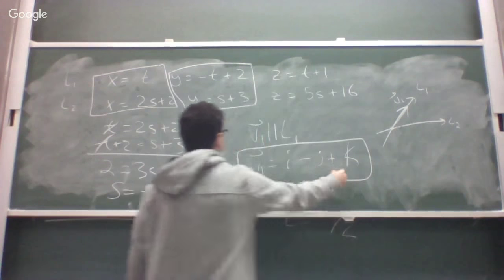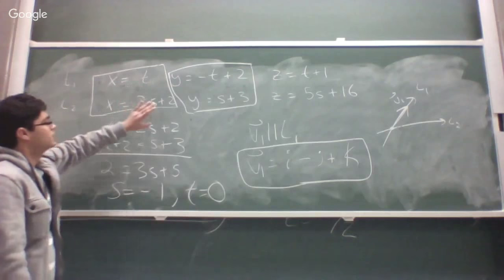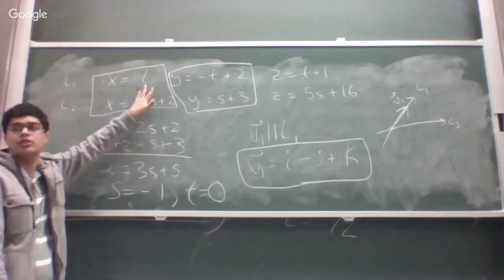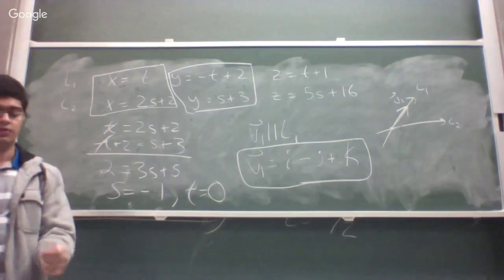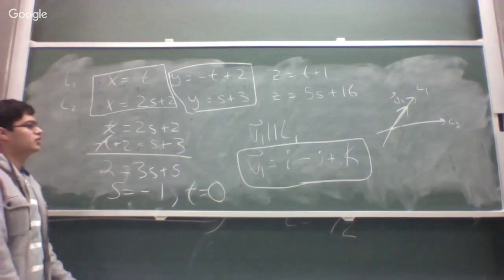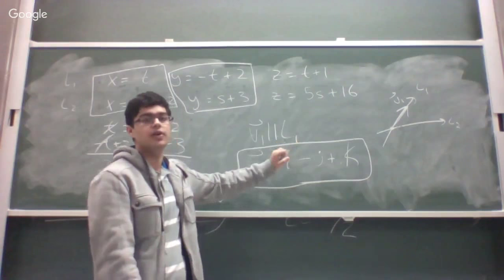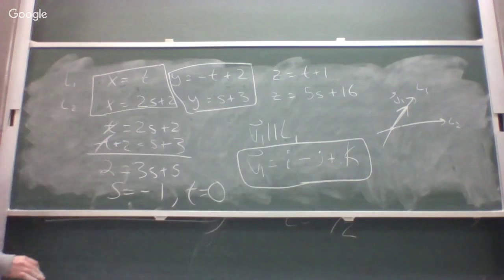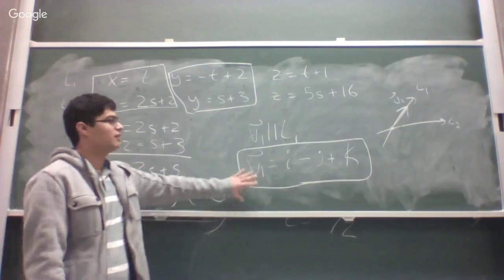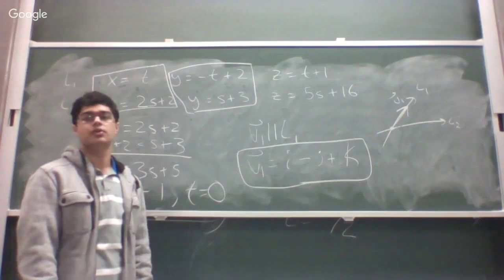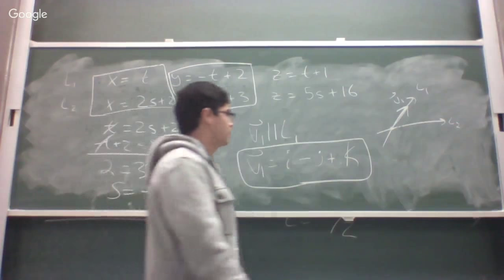The a, b, and c components came from the a, b, and c components of the original line equation. And then just to understand it, this vector is parallel to L1. It's not L1, since it doesn't have a point component to it.